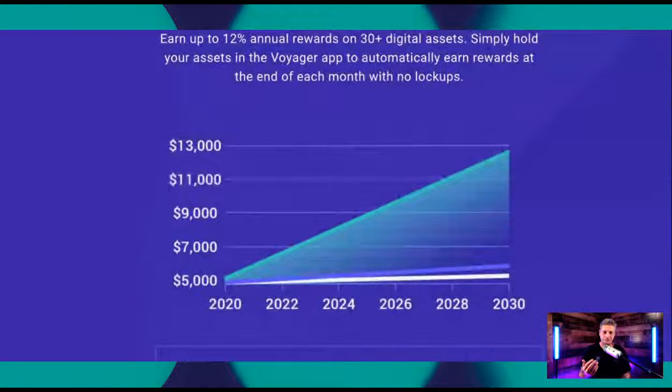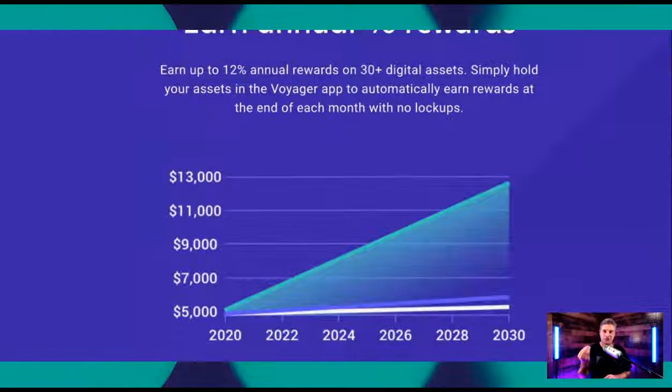Let me make it easy for you. If you take your money in Voyager and you buy, this could be your first buy, a stable coin, you buy USDT or USDC, either one of those are stable coins. They're pegged to the US dollar. Then you are going to begin earning interest on that money.